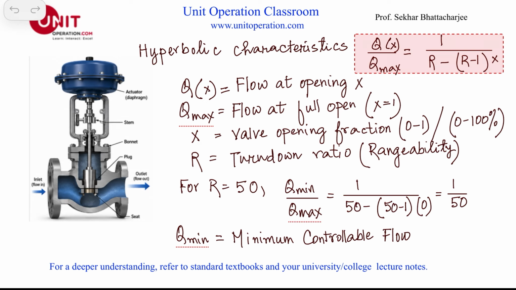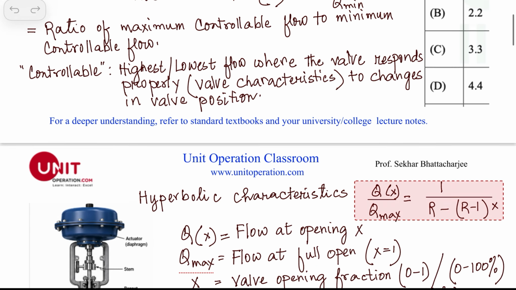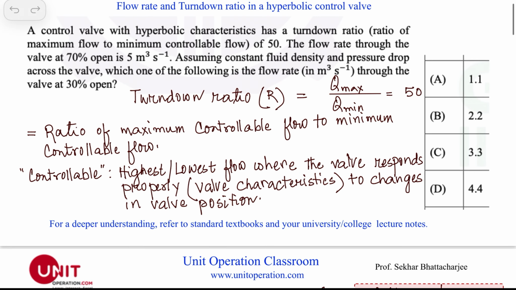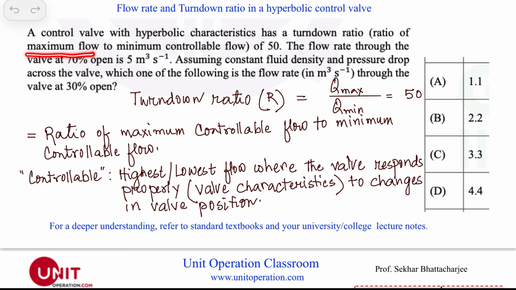If it is 100% open, then of course there is no control characteristic. The flow is not controllable. So it's slightly different from the fully closed or fully open position. That's why it's called maximum controllable flow and minimum controllable flow. This is slightly different from total shut off and totally open.